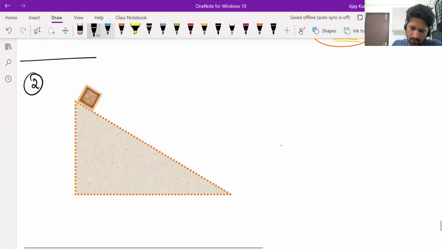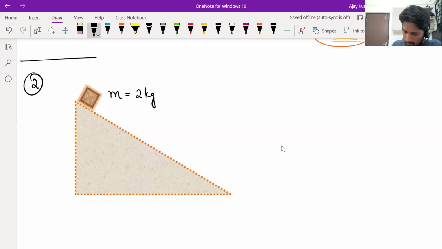Okay. Let's say a block of mass 2 kg is released on an incline, angle of inclination 37 degrees. We'll just take some comfortable values and let this height be 12 meters. 12 meters is the vertical height of that incline.